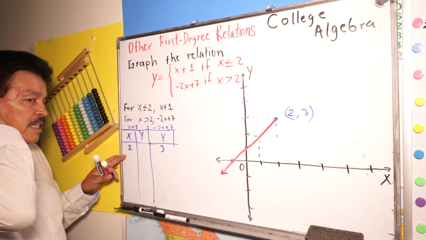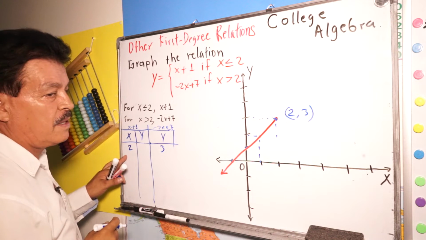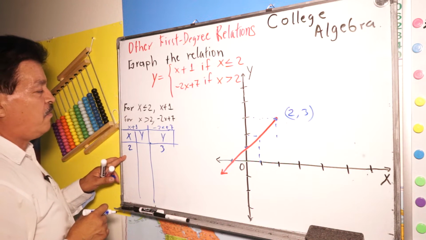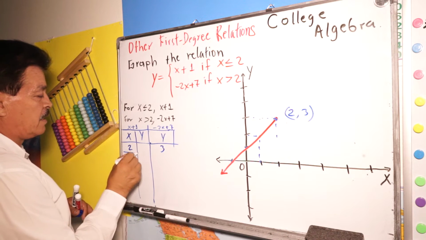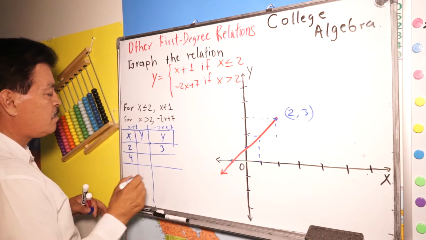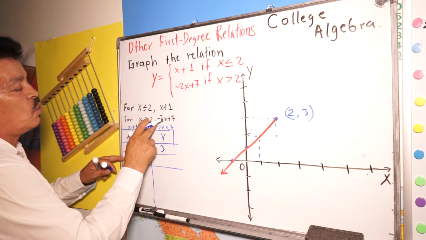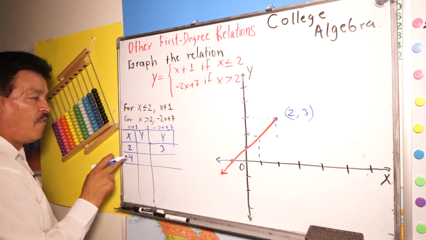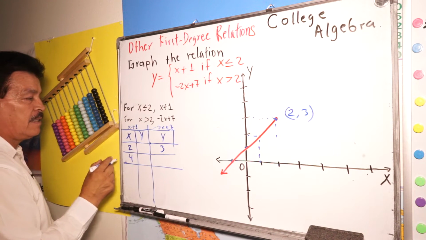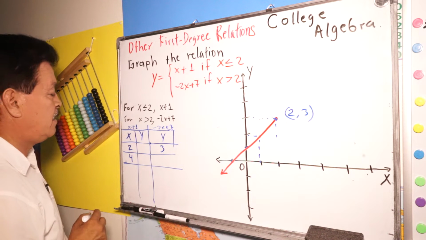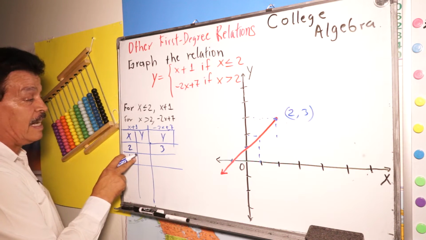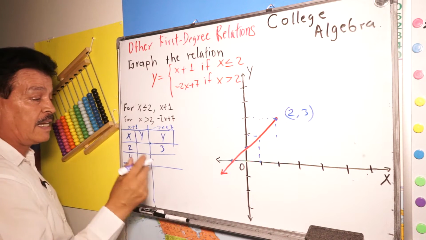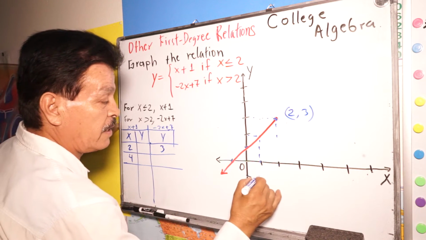For the next point, let's give it 4. What number? 4 for x. Negative 2 times 4 is negative 8 plus 7 is negative 1. So negative 1 right here.